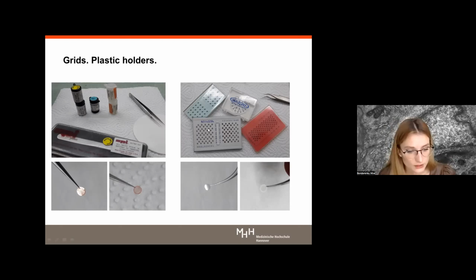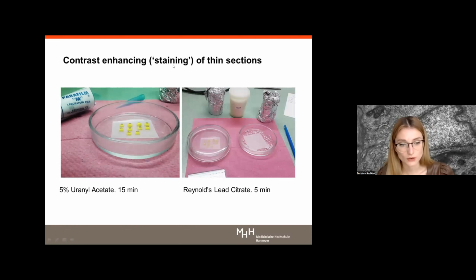So grids, holders, and anti-mag tweezers are our tools for the collection of the sections on the surface of this grid. These are really very, very tiny structures. After that, we have to enhance our contrast, and for this reason, we use uranyl acetate and lead citrate.